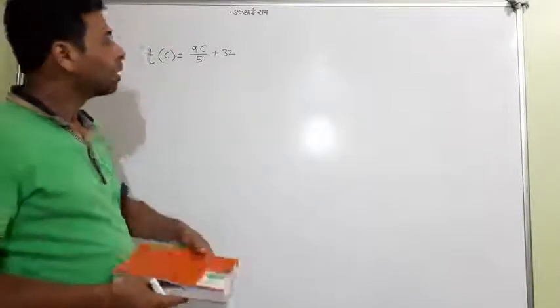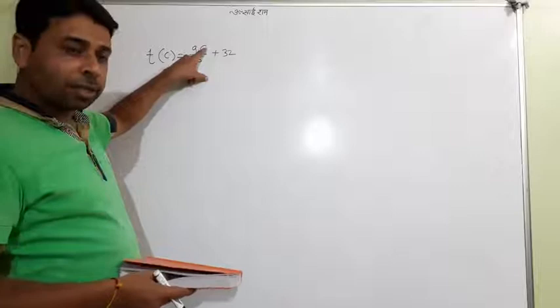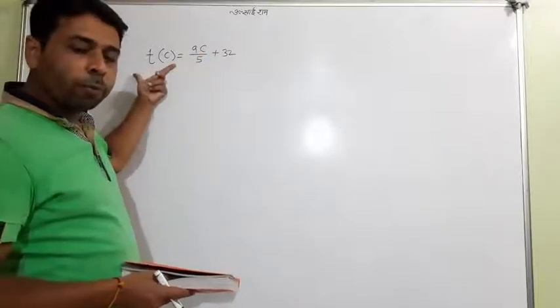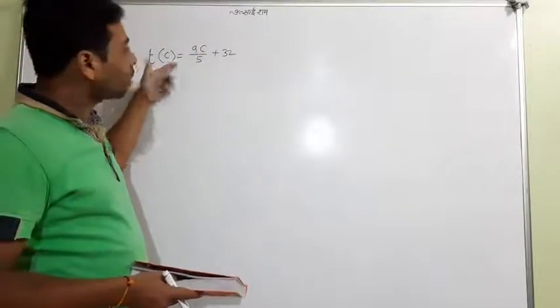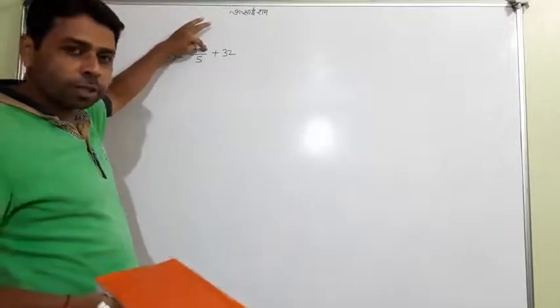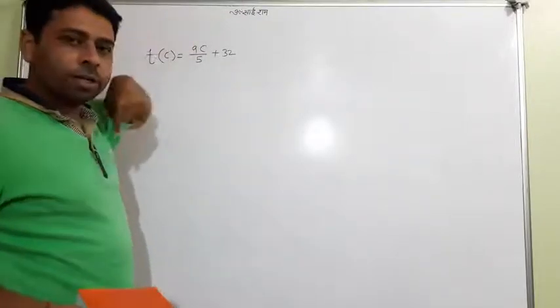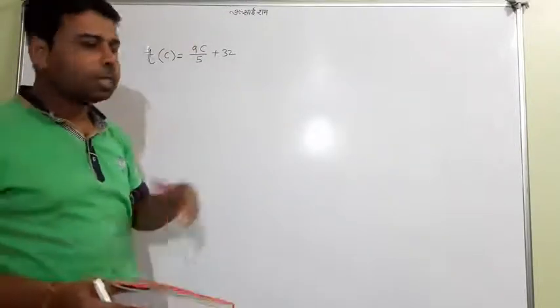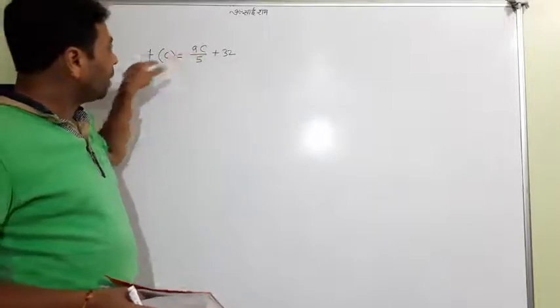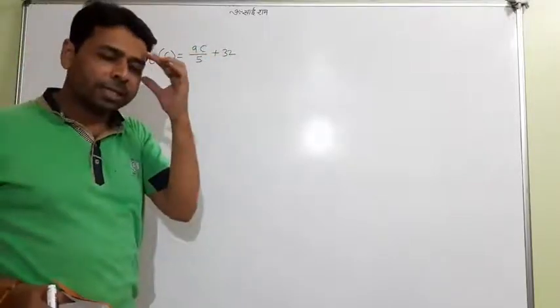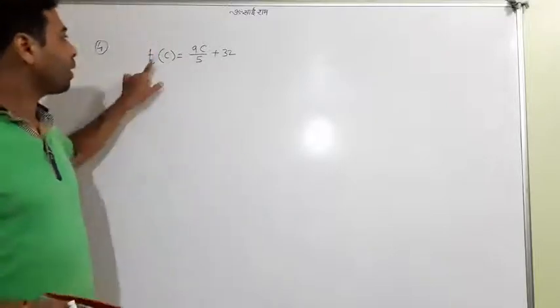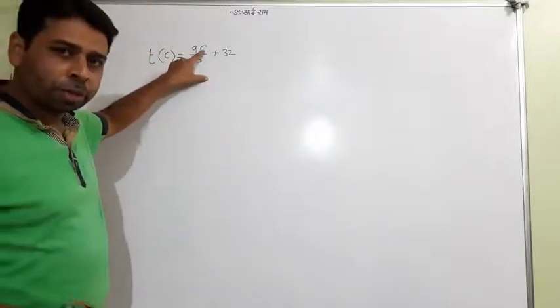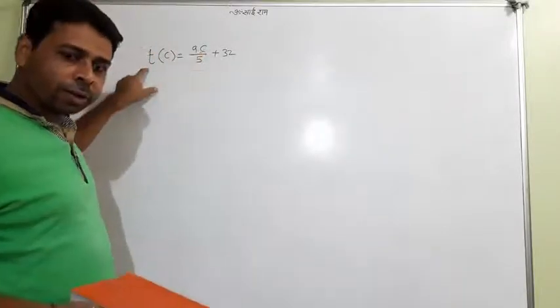It says that when you put degrees Celsius here, whatever answer you get will be the Fahrenheit temperature. Like C is equal to, suppose you are putting 36, so the whole answer will be your temperature in Fahrenheit. This idea also came in class 9th. As you put Celsius, you will get the Fahrenheit temperature.